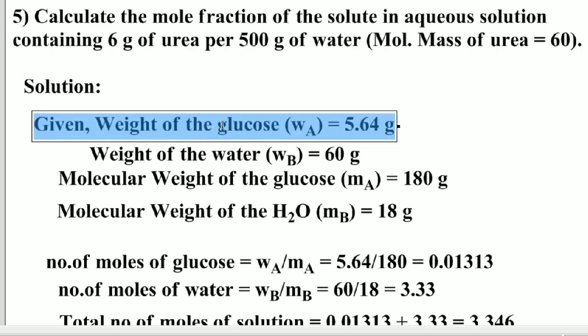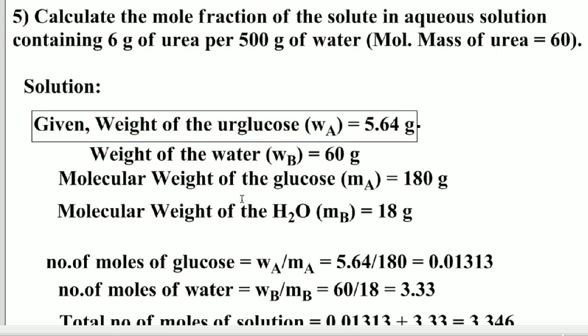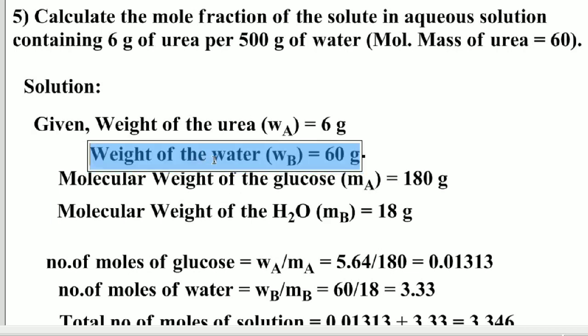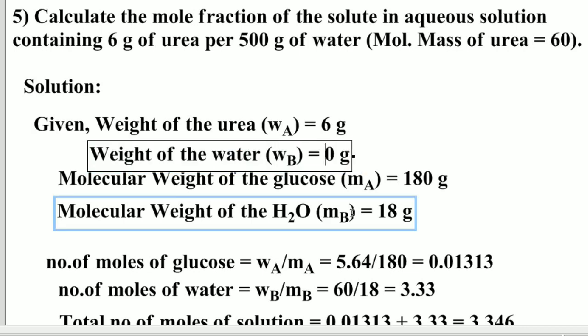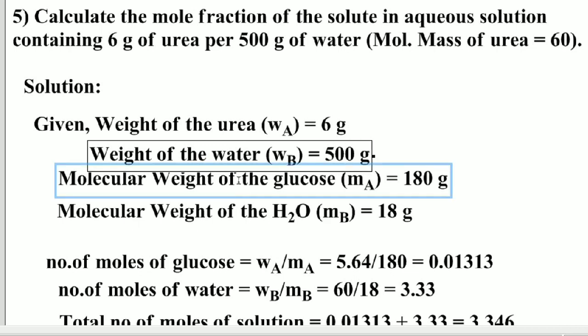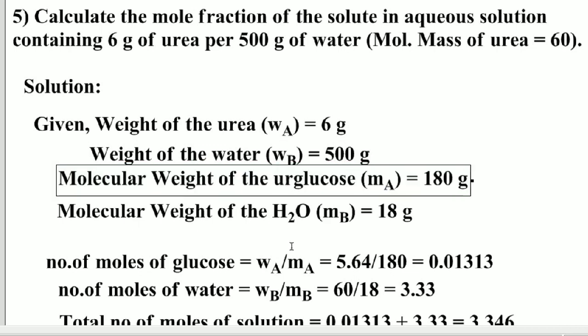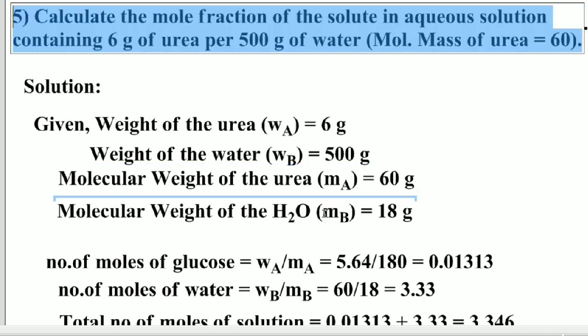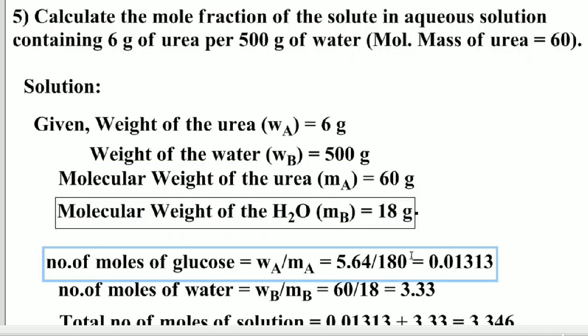In this problem, because urea is the solute, the weight of the urea is given as 6 grams, and the weight of the water is given as 500 grams. We know the molecular weight of urea is 60 grams, already given in the problem, and the molecular weight of water is 18.